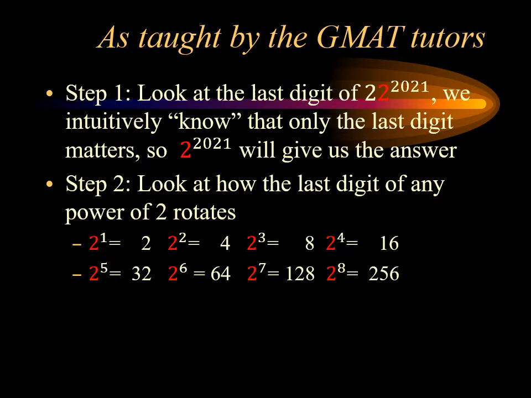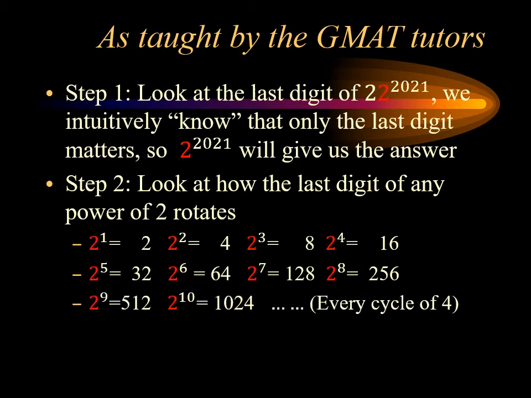Then at 2 to the fifth power, it rotates back to 2, because 16 times 2 is 32. Once it comes back to 2, you know it will rotate the same way as before: 4, 8, 6, and then 2, 4, 8, 6 again.